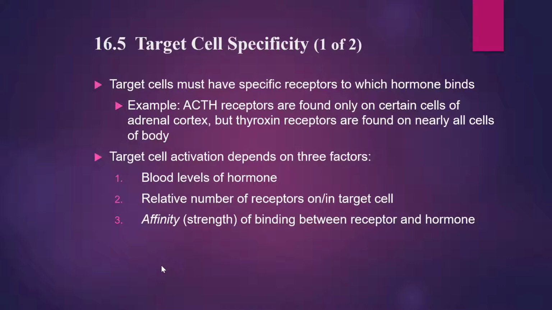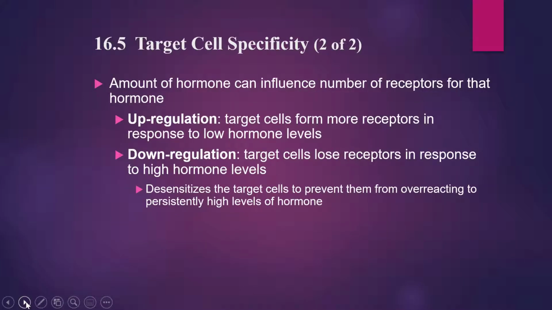So the target cell activation depends on three factors: the blood level of the hormone, the relative number of receptors on or in a target cell, and the affinity, or the strength of the binding, between the hormone and the receptors. So the amount of hormone can influence the number of receptors for that hormone. For instance, a phenomenon which we call upregulation happens when target cells form more receptors in response to hormone levels.